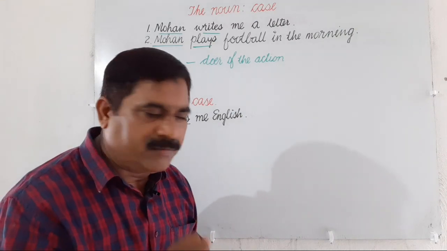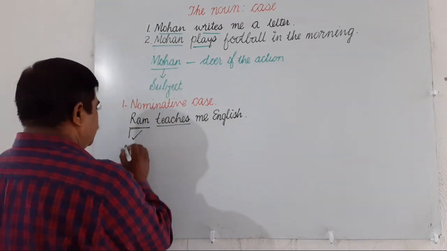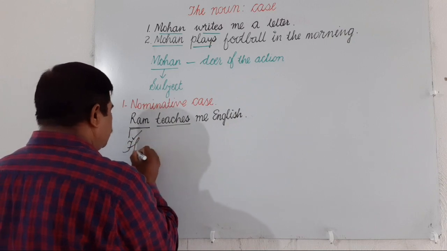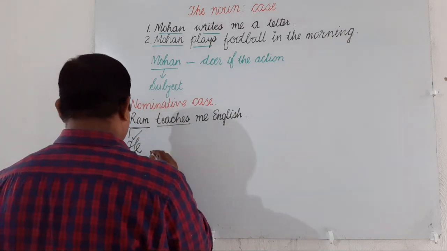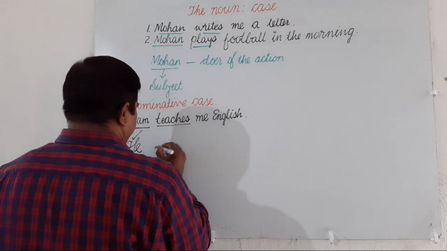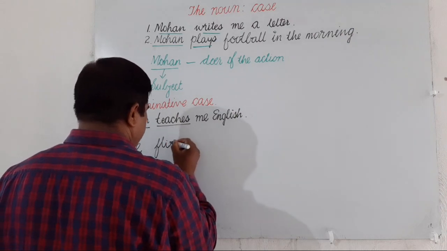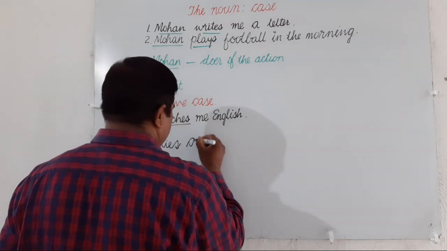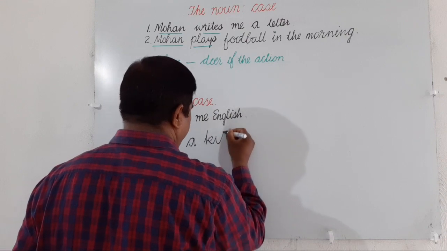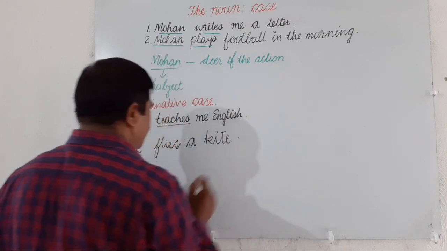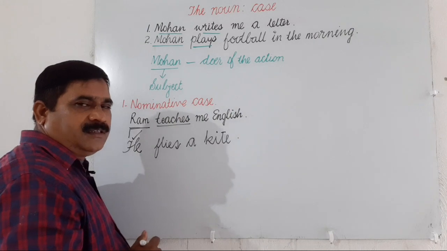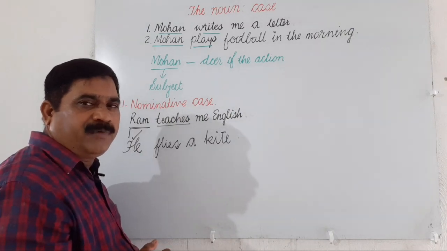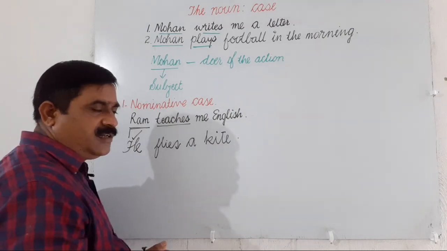Let me write down one more example. He flies a kite. Again, let me know the verb in the sentence, the action word.